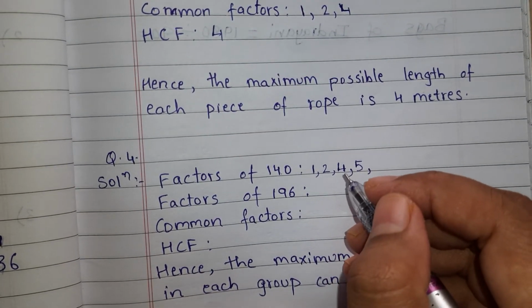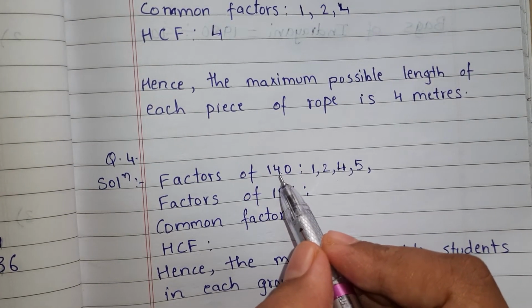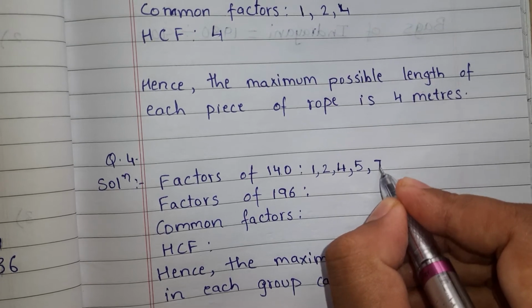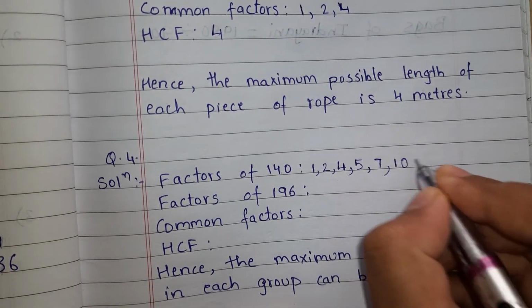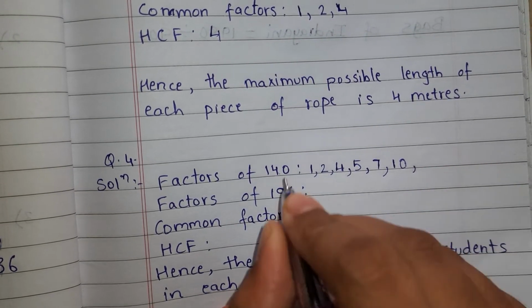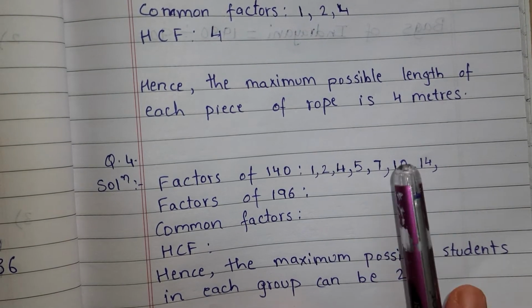Then 7. There is no divisibility test for 7, so directly check whether 7 divides it. 7 2s are 14, 7 0s are 0. So 7 is a factor. Then the last digit is 0, that's why 10 is a factor. And 10 into what is 140? 14s are. Now find the pairs.